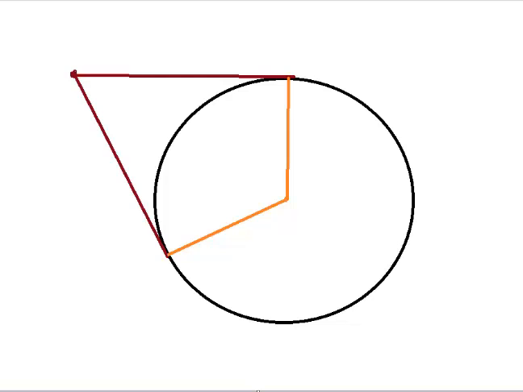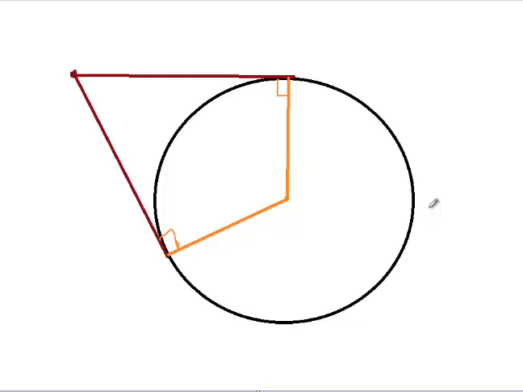The orange lines have to be perpendicular to the maroon lines. This is a right angle over here, and this is a right angle over here. Because if you draw a tangent to a circle, and then you draw a radius that hits the point at which the tangent hits the circle, it has to be a right angle. And again, if you draw it, it should become fairly obvious from the naked eye that that's true.